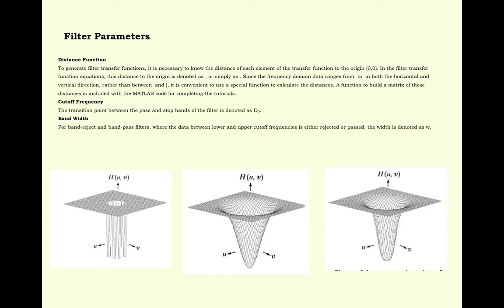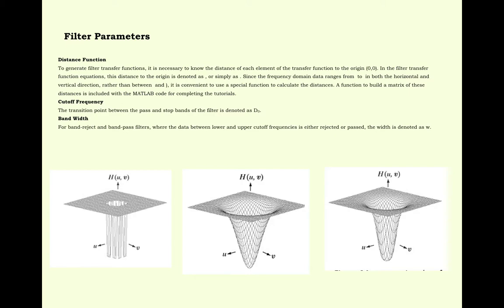A function to build a matrix of these distances is included within the MATLAB code, and we will show you later. Cutoff frequency. The transition point between the pass and stop band of the filter is denoted as D0.